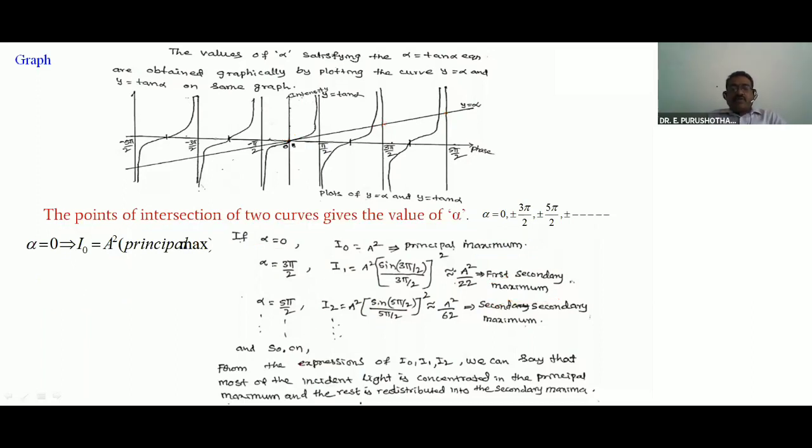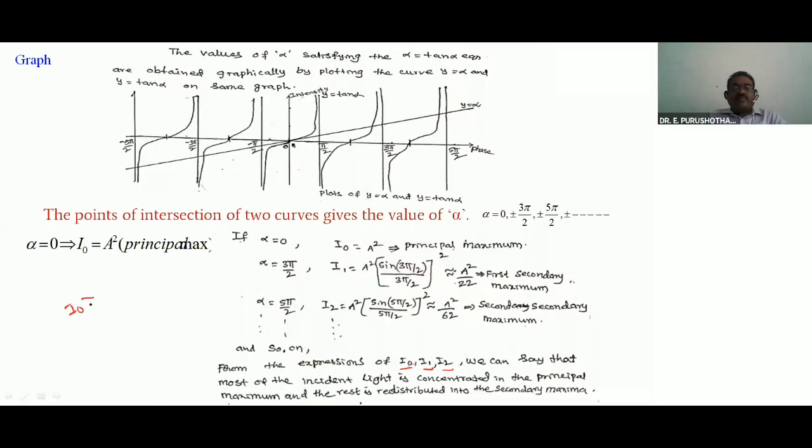From the expressions of I naught, I1, I2, and so on, we can say that most of the incident light is concentrated at the principal maximum, and the remaining is redistributed into the secondary maxima.